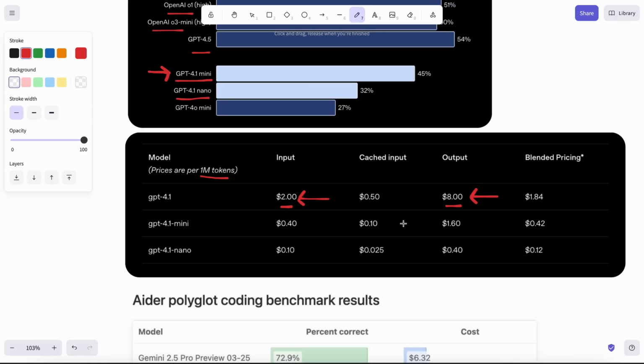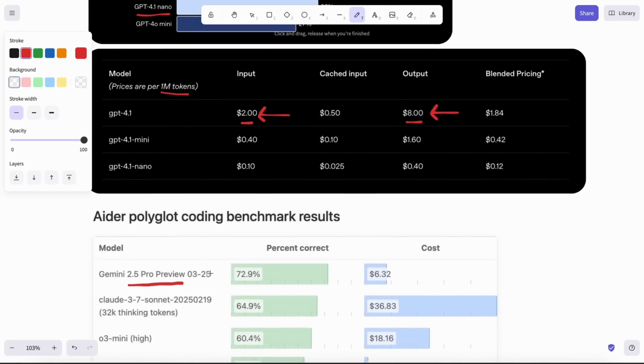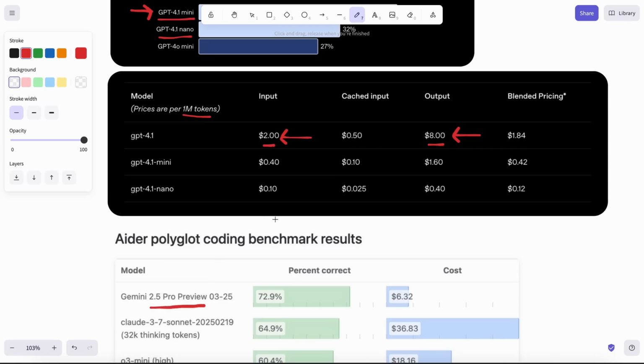Yes, you are charged for thinking tokens, I believe, in o3 Mini, but still, the model is genuinely better than GPT 4.1. If I bump up the pricing just a bit, then I can probably use Gemini 2.5 Pro, which is a thrice better model than this, and it also supports a 1 million token context window.